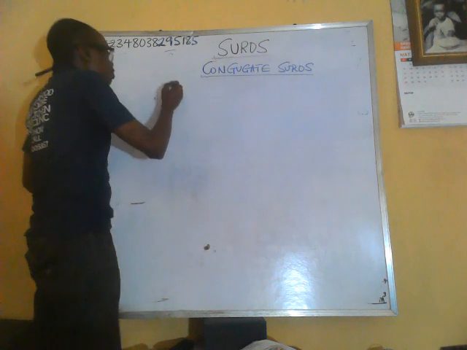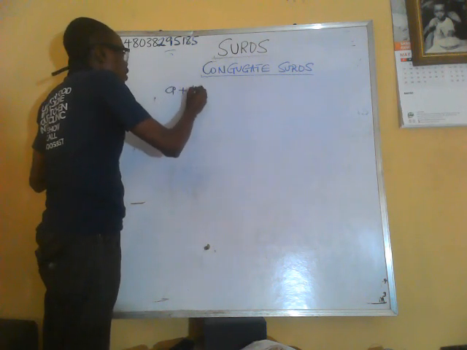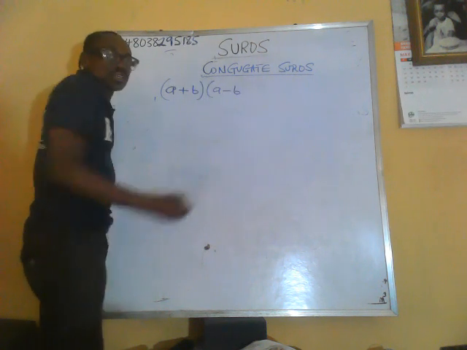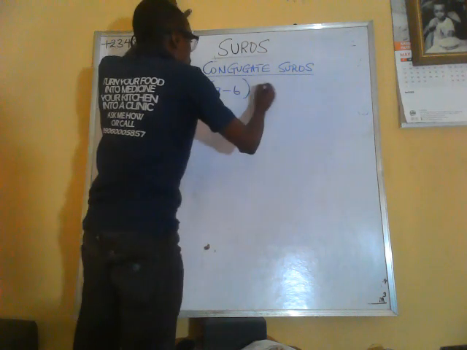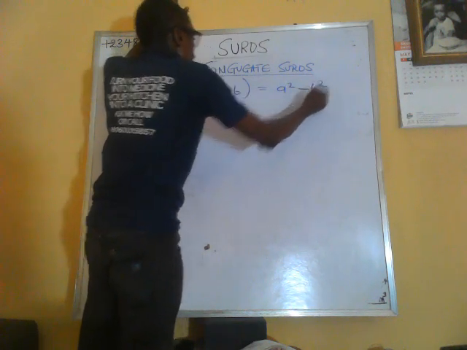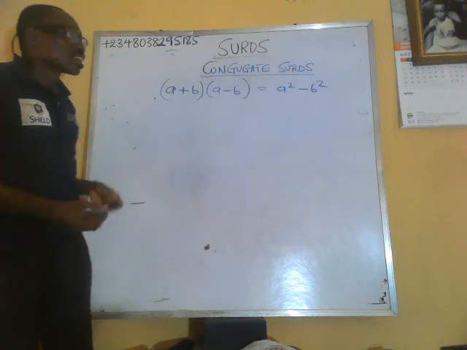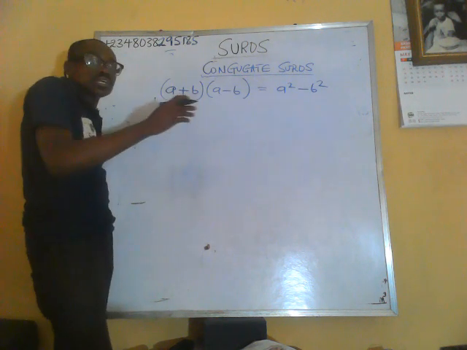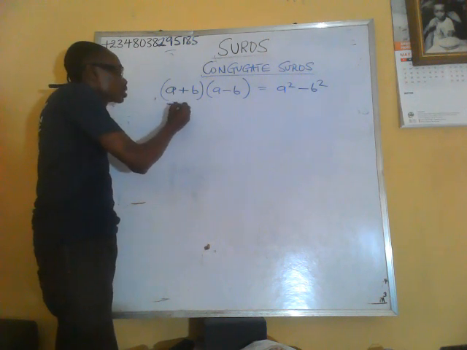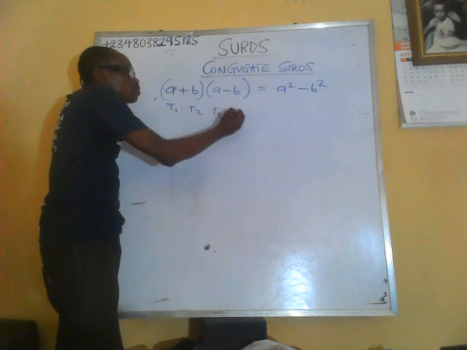We know that (A plus B) times (A minus B) gives rise to A squared minus B squared. You don't need to expand this completely, because if you expand, you are going to have term 1, term 2, term 3, and term 4.